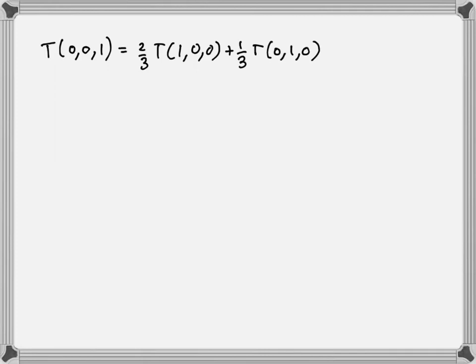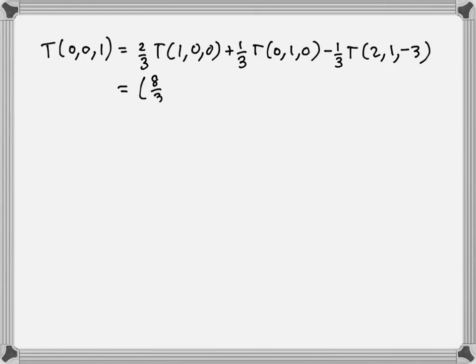So T of (0, 0, 1) is just going to be 2/3 T of (1, 0, 0) plus 1/3 T of (0, 1, 0) minus 1/3 T of (2, 1, -3). If you apply T to those, we know what they are because that's given in the problem, and then we multiply by what's there, we get the following.